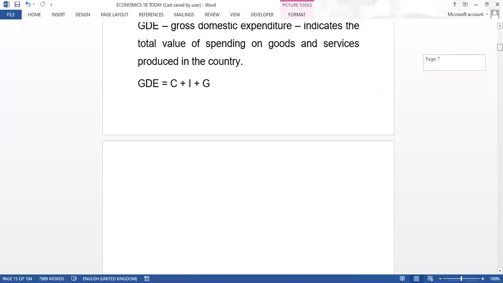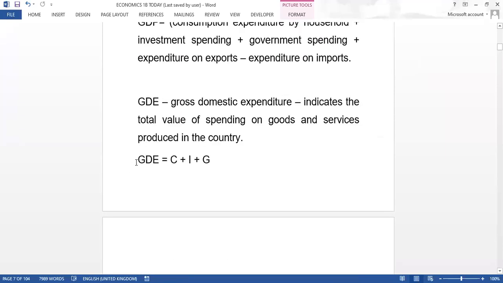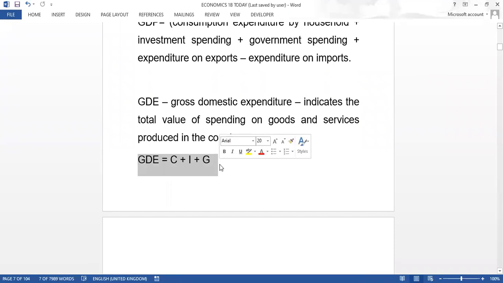All of those three elements, this is the formula for gross domestic expenditure that I'm highlighting on the screen. C plus I plus G: consumption expenditure by households, investment expenditure by firms, as well as government spending.